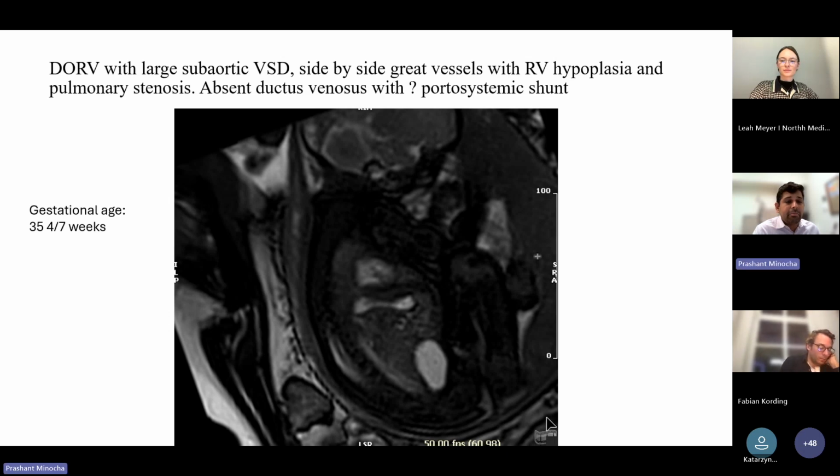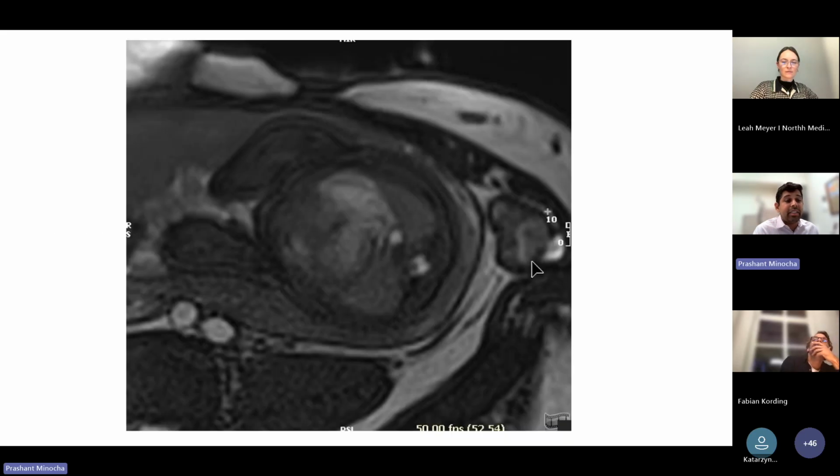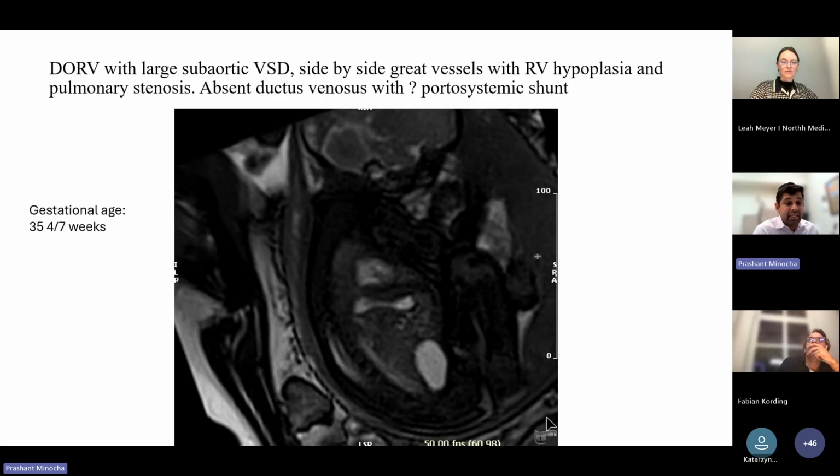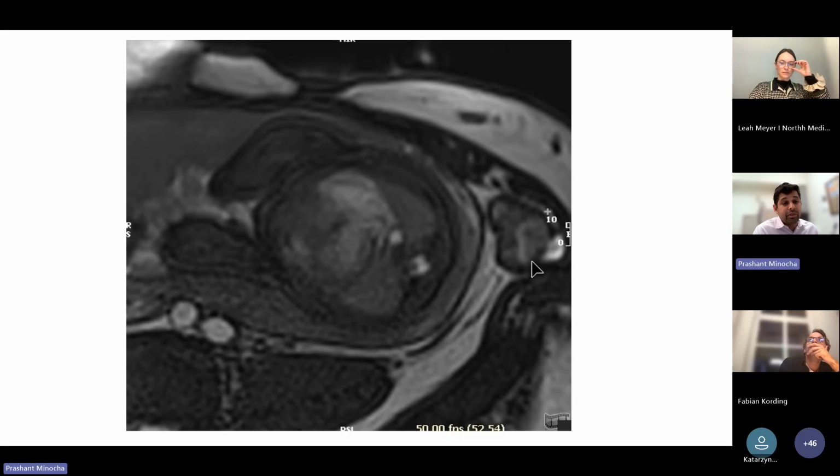On this study, the PDA could not be visualized by the fetal echo. Based on the black blood imaging and the cine that we were able to obtain, we were able to identify a PDA, and we were also able, from an extracardiac standpoint, to exclude a portal systemic shunt.